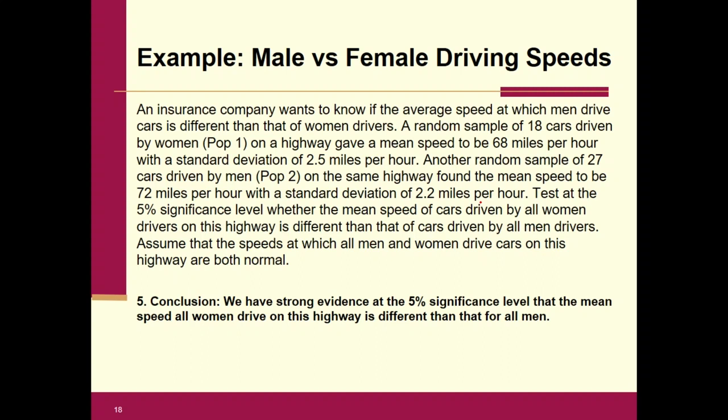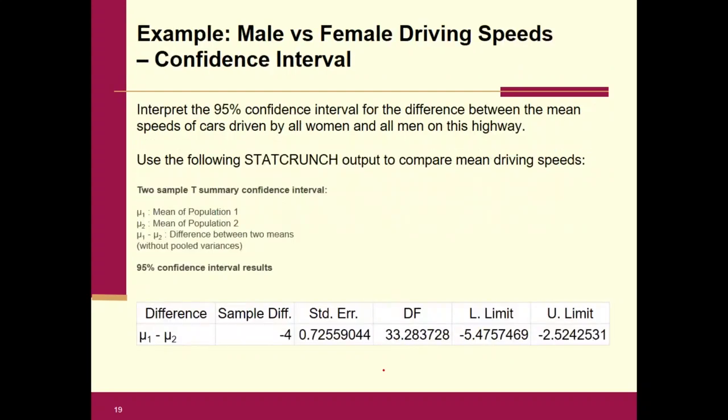So essentially we should be able to figure that out. Even though this is a reasonable conclusion, we can actually take it one step further and say, which one was it? Who drove faster, the males or the females? If we picked up on a difference, we should be able to figure that out.